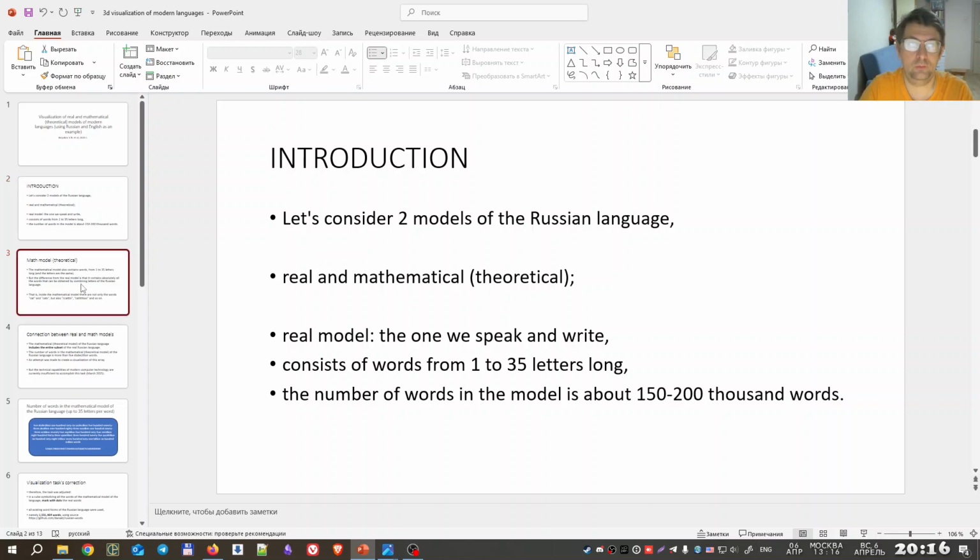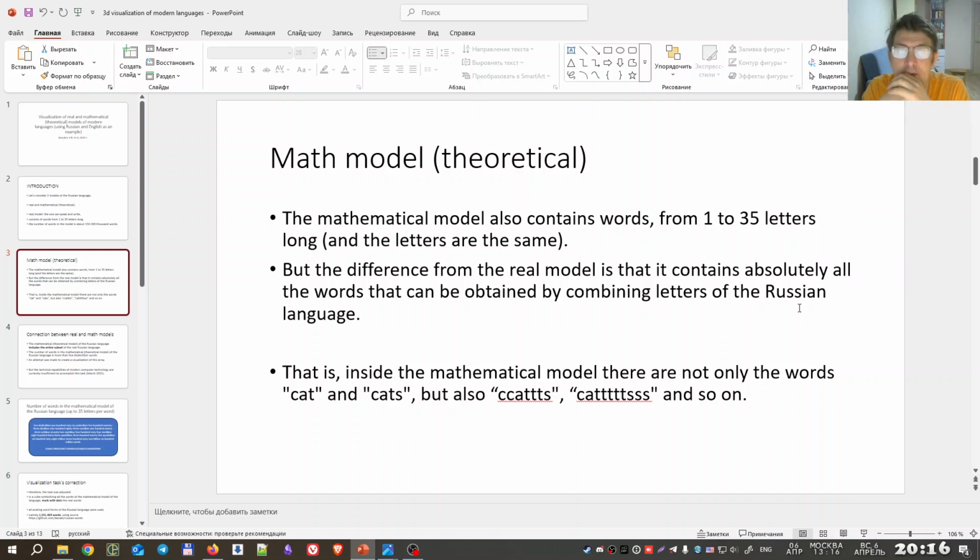So what is it? It's a thing we can create in our minds. It's like a model of the language, but what if we take into our thoughts all the words, not just existing words, not only the real words, but also any kind of words, which we can combine from our letters.